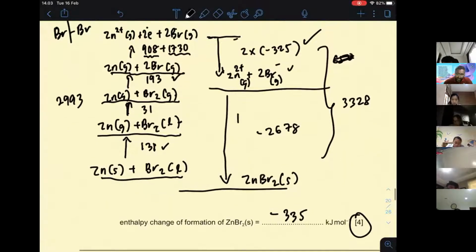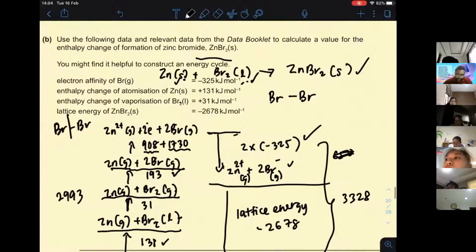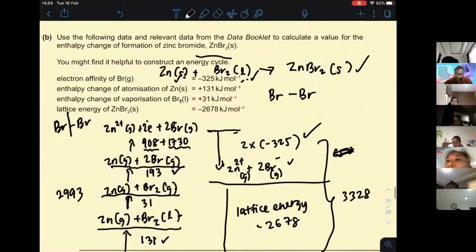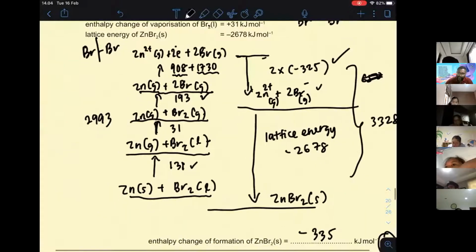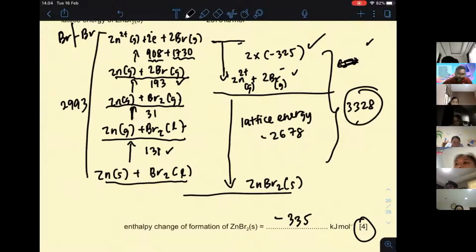This one is what we call lattice energy: the energy released when bonds form for them to be in a lattice, for them to form the solid zinc bromide, ZnBr2. Once we have that, I calculate. When I add these two numbers, I get 3328. When I add these entire numbers, I see 2993.